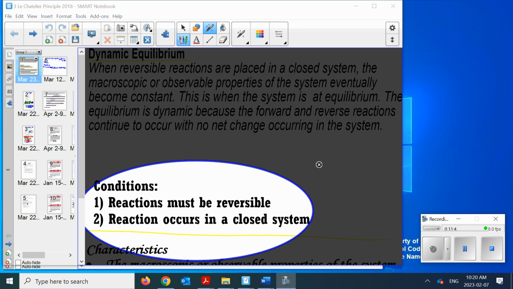Every reaction is the closed system. That's dependent on the actual state of matter. If you have a gas, that's going to be different than a liquid or a solid. So, in an open test tube or an open beaker, if I have a gas present, that's not a closed system.